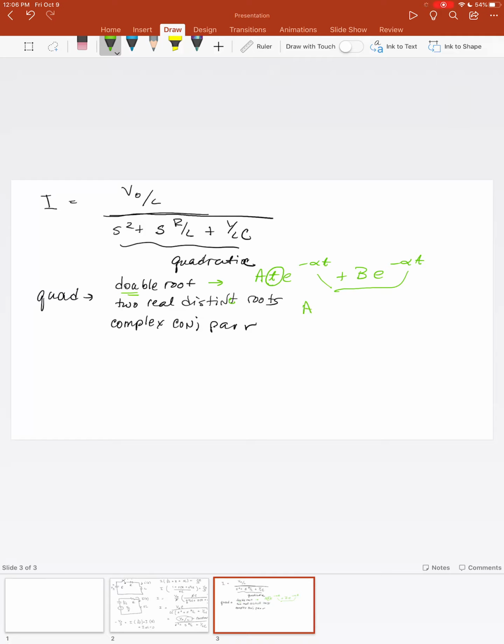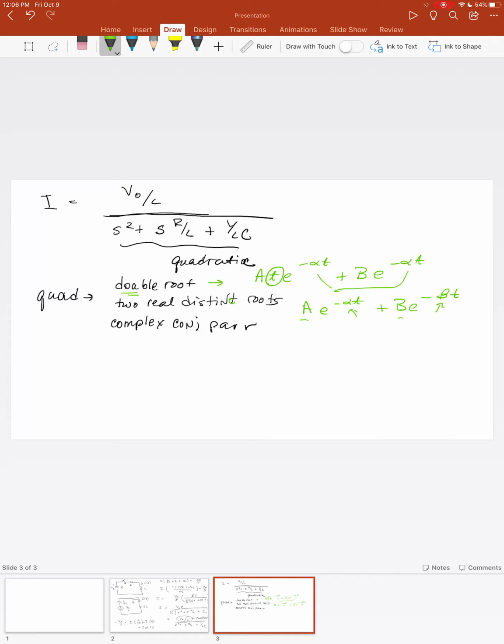Okay, the other option is two real distinct roots, which I mistakenly wrote before. That would give you a e to the minus alpha t plus b e to the minus beta t. So two different decay rates, i.e. time constants, 1 over time constants, and two different constants determined by the initial conditions.